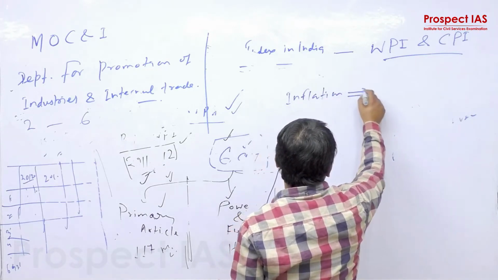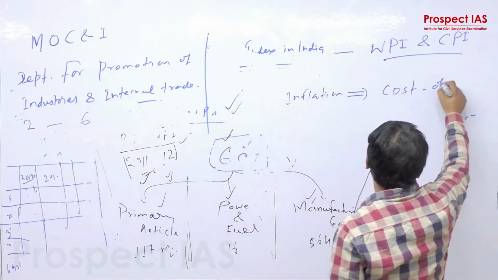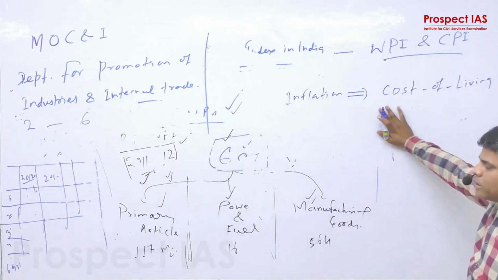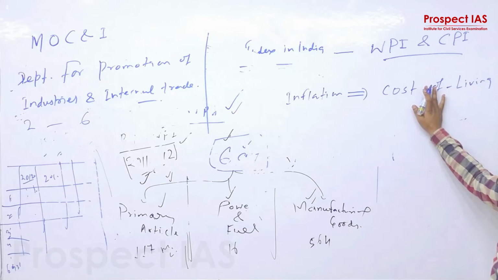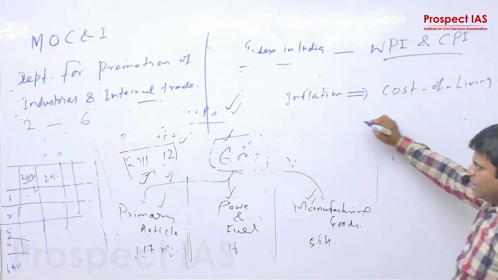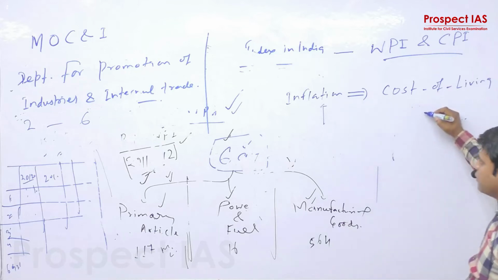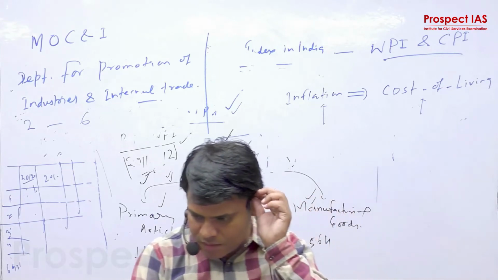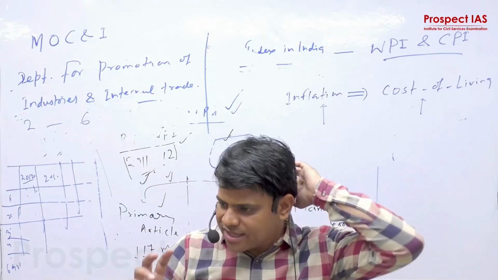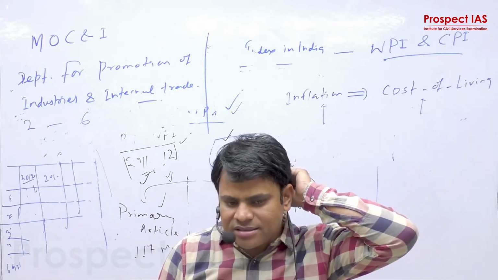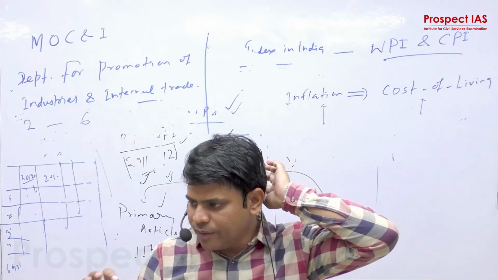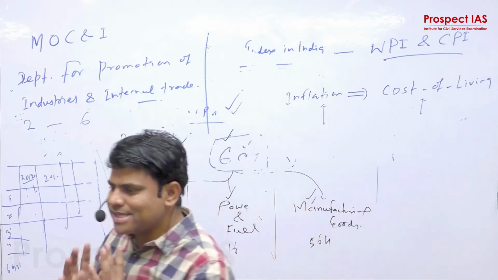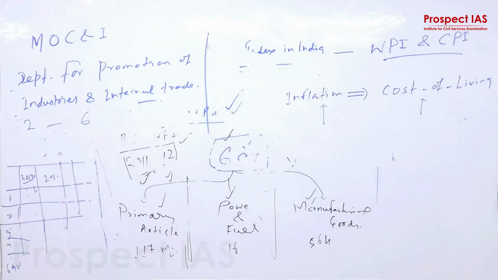Inflation always reflects our cost of living. ठीक है? इन्फ्लेशन जो होता है हमारे कॉस्ट ऑफ लिविंग का इंडिकेटर होता है. अगर इन्फ्लेशन इंक्रीज होगा दैट मीन्स हमारा कॉस्ट ऑफ लिविंग भी बढ़ रहा. तो हम लोगों के पास एक ऐसा इन्फ्लेशन होना चाहिए दैट exactly measure the cost of living of people. You must have the inflation that gives you an exact idea about what is the cost of living of people in our economy, in our society.